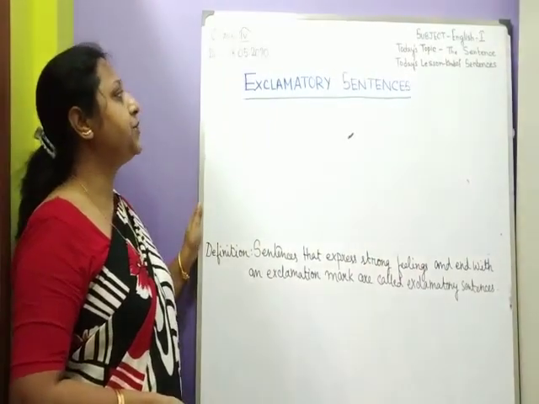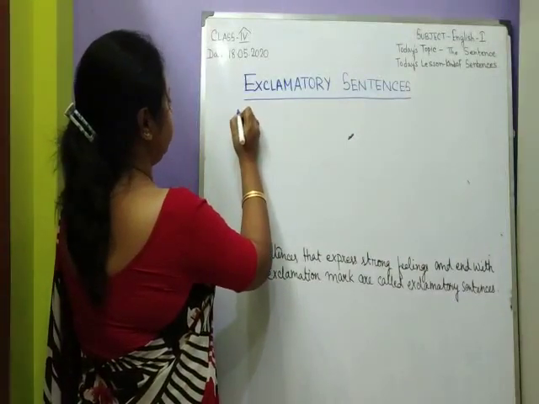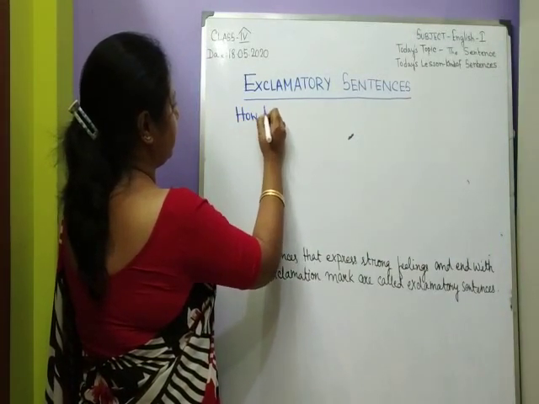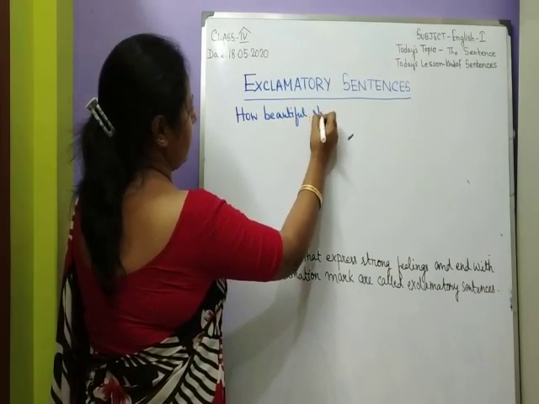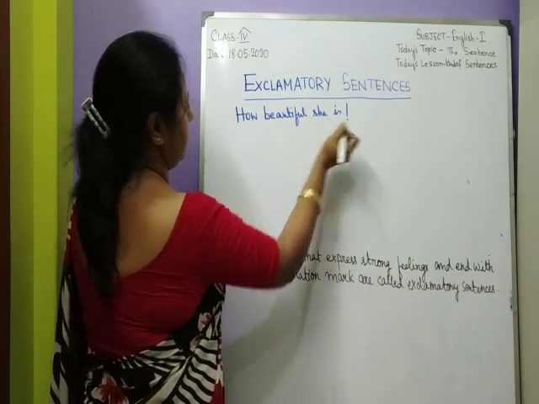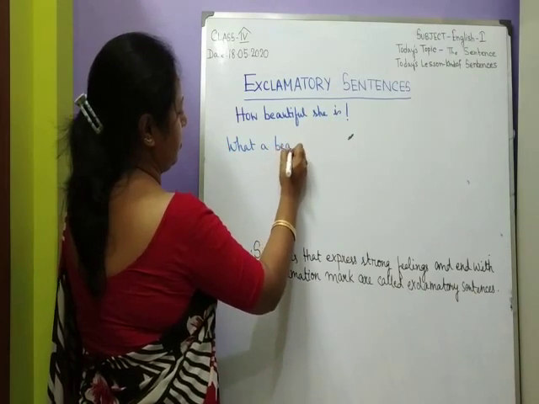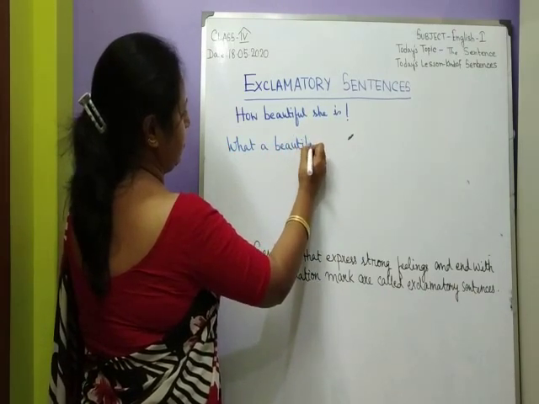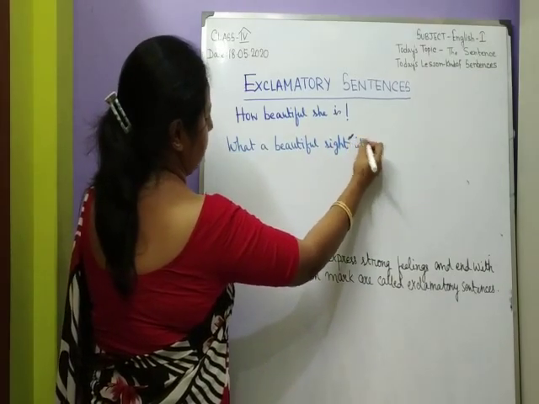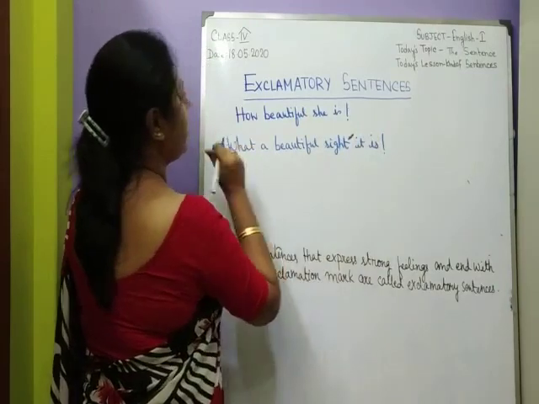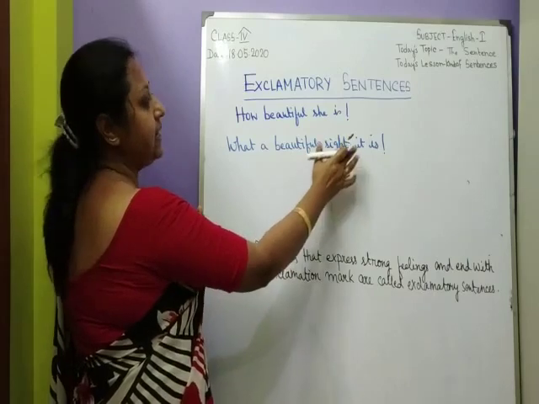Now let us come to the exclamatory sentences. Let me write two sentences. How beautiful she is, and what a beautiful sight it is.